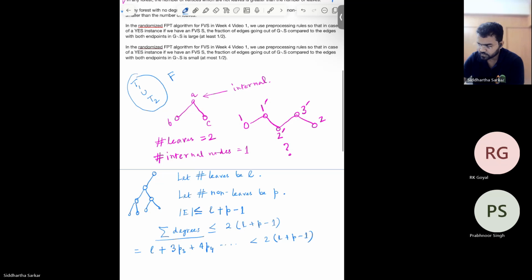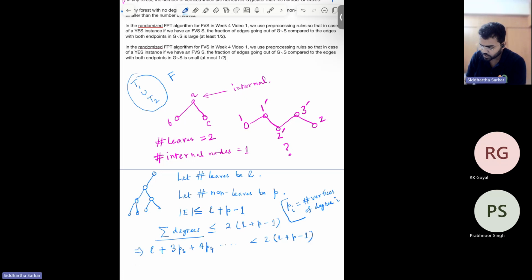All right. By Pi I denote the number of vertices with degree i. This is notation. So we have just written the sum of degrees like this.